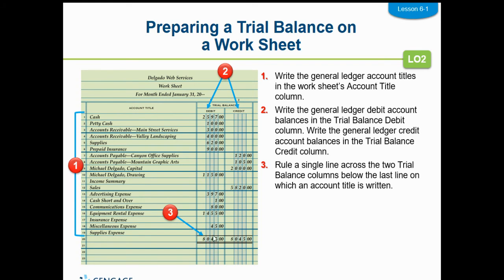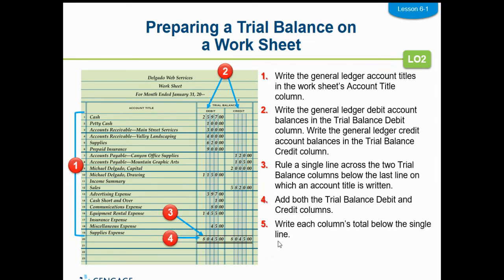Then you rule a single line across the bottom, which tells us that we need to do some calculations. You add them up, put the totals in, and make sure that they are equal. If they are equal, you do a double line. The double line in accounting tells us that everything balances out.